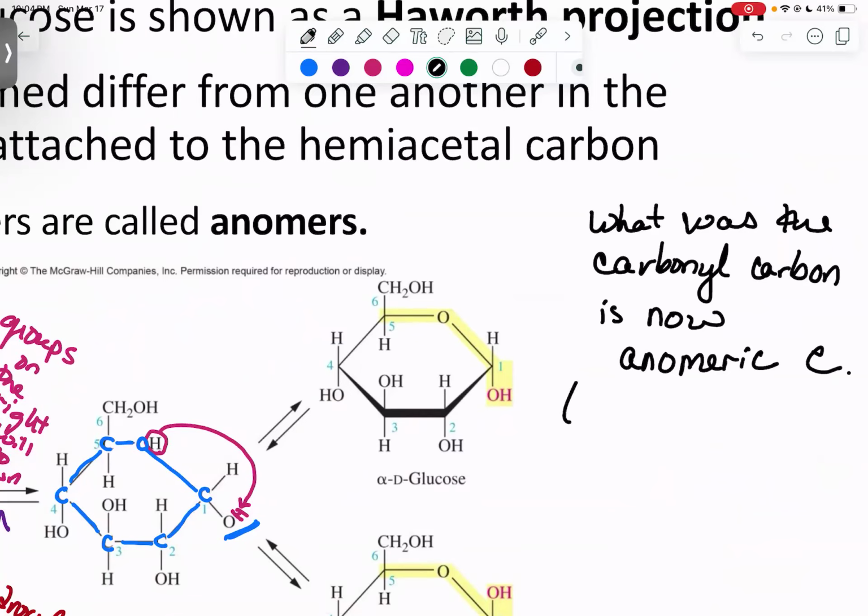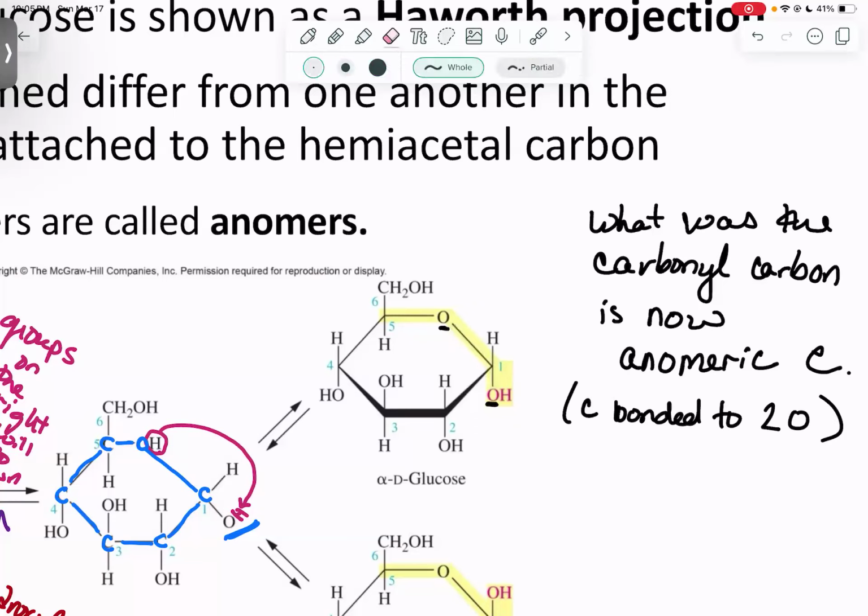The anomeric carbon is a carbon bonded to two oxygens. So if I look here, this carbon right here is bonded to one oxygen in the hydroxyl and one oxygen in the ring.